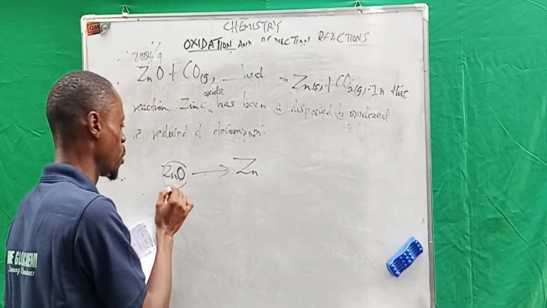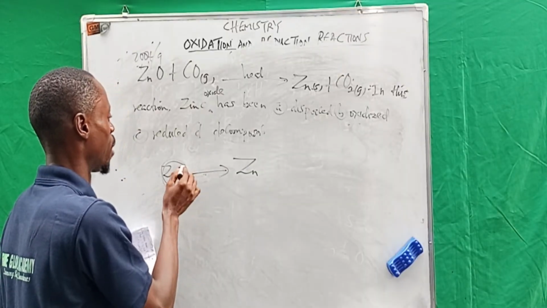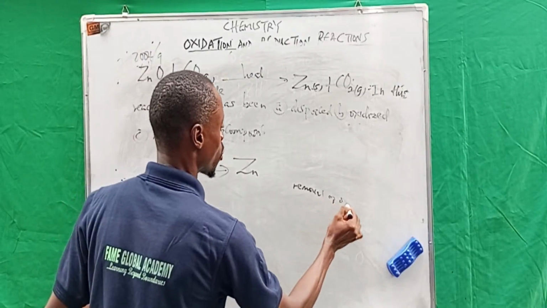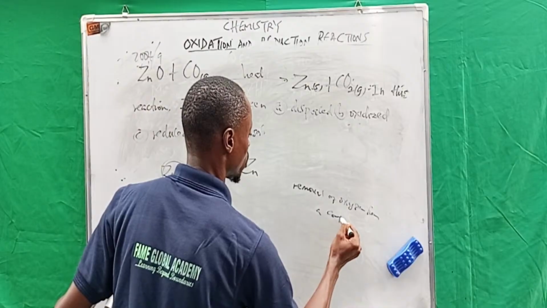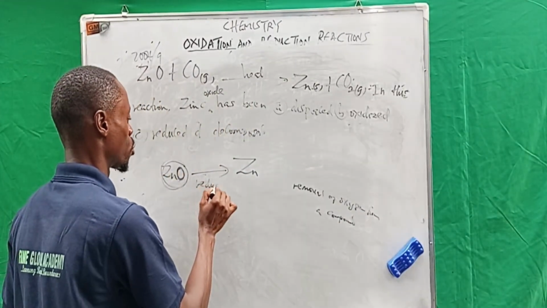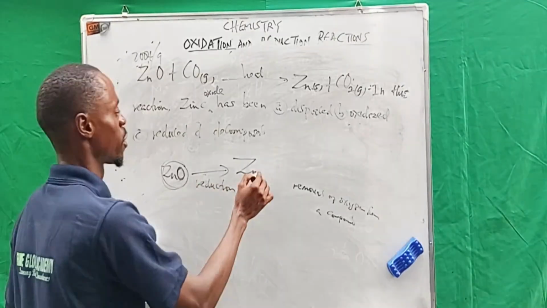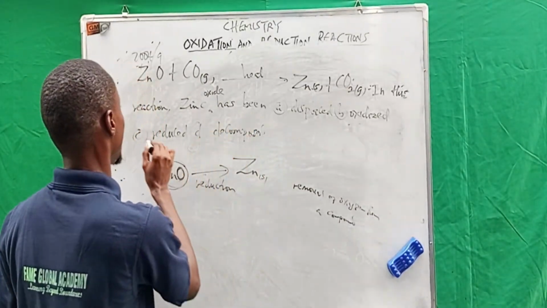If you agree with me that oxygen has been removed from this compound, the removal of oxygen from a compound is through a process called reduction. So it simply means zinc oxide has been reduced to metallic zinc.